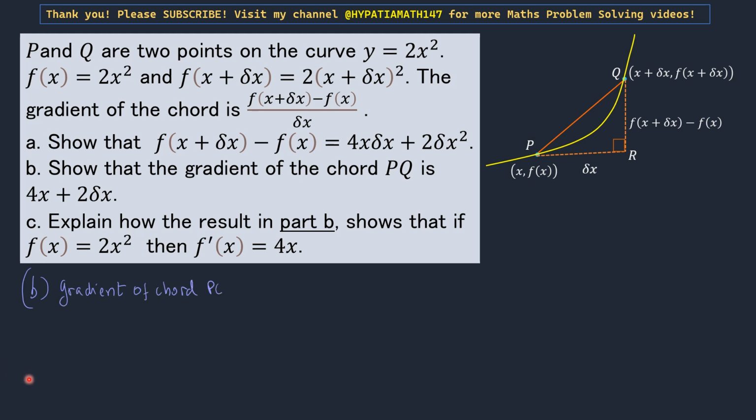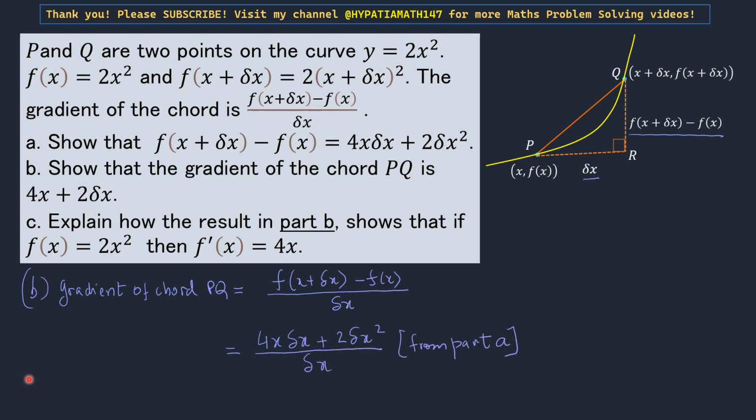From part A, we know that f(x plus delta x) minus f(x) is 4x delta x plus 2 delta x squared. So we just replace it, put this here and leave the rest the same, divided by delta x. Now you see that it becomes very easy. That would be 4x plus 2 delta x, and that's done.